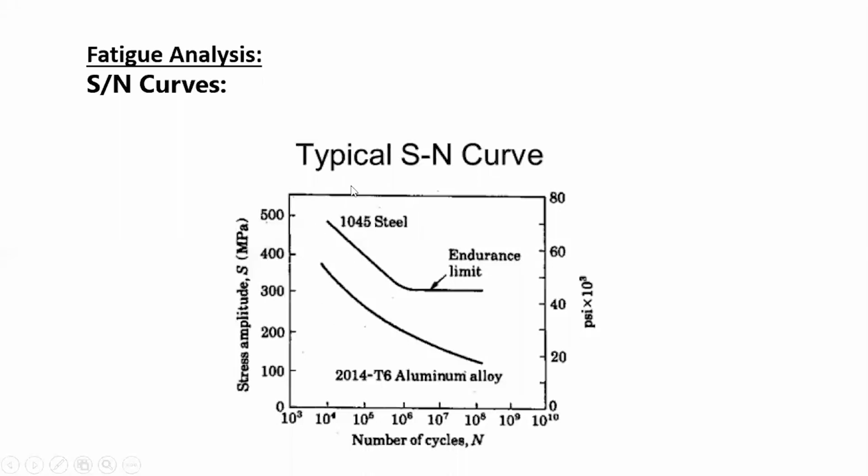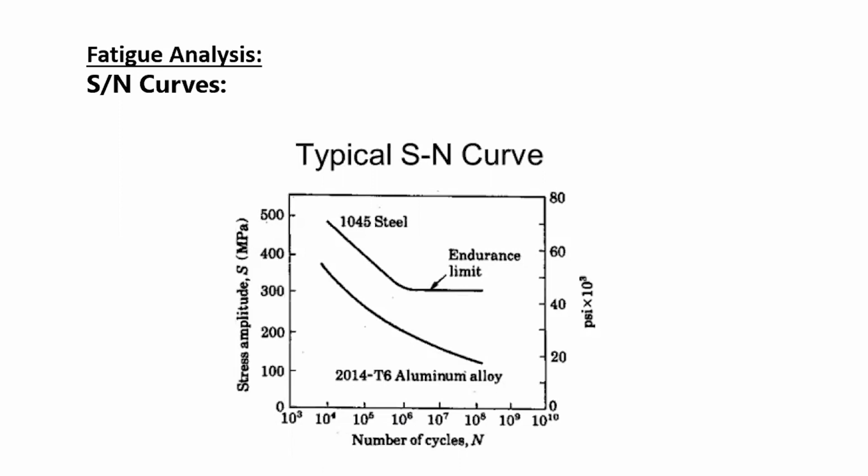As you can see in the steel curve, after a particular location, corresponding to nearly 10 to the power 6 cycles, the graph becomes flat. What does this mean? At this location, the corresponding stress amplitude is the endurance limit or endurance strength, or sometimes people call it the fatigue limit or fatigue strength.